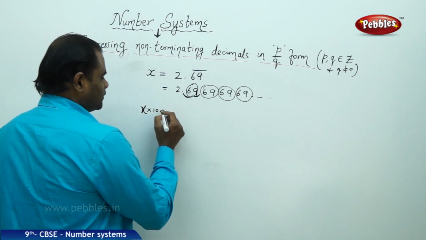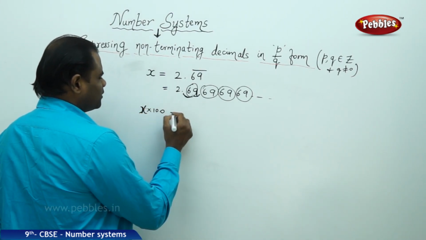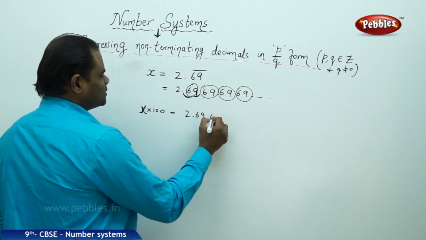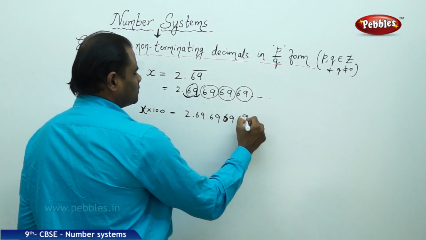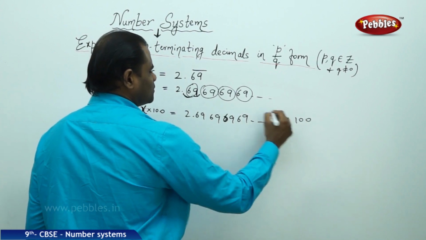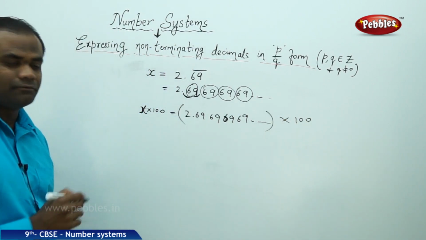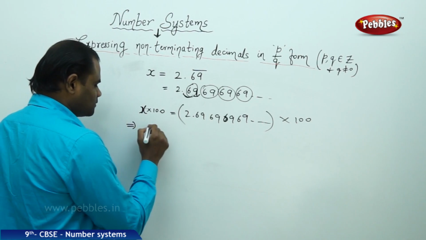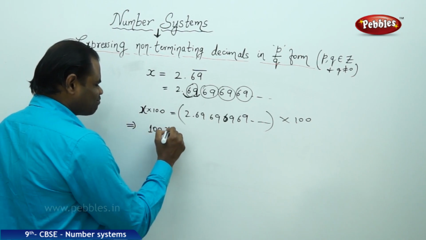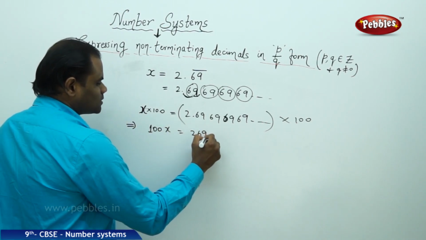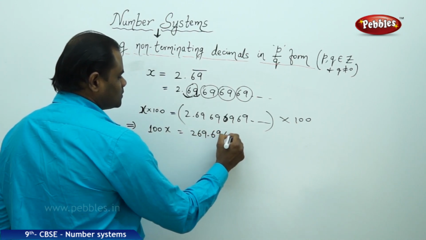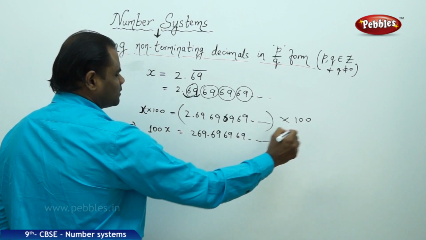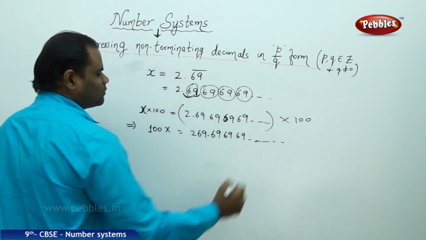And therefore, when I multiply x by 100 on both sides, I get 100x equals 269.6969, and so on.